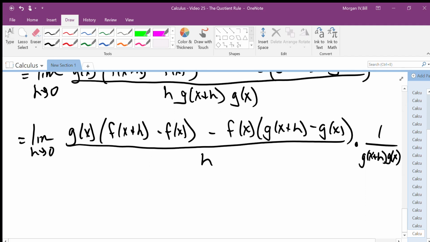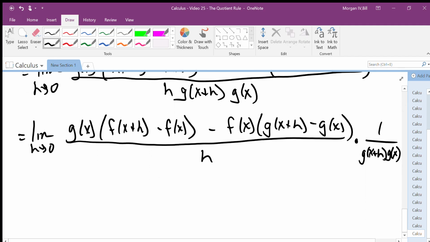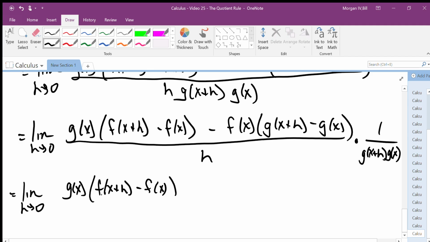Now in the numerator, I'm going to separate this into two fractions. So this is the limit as h goes to 0, g of x times f of x plus h minus f of x over h, minus, I'll go ahead and separate the limit as well.